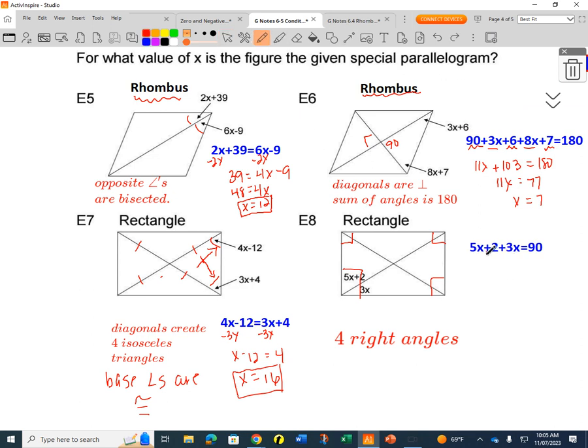So 8x plus 2 equals 90. Subtract 2 from both sides, and 8x equals 88. Divide both sides by 8, and x equals 11.